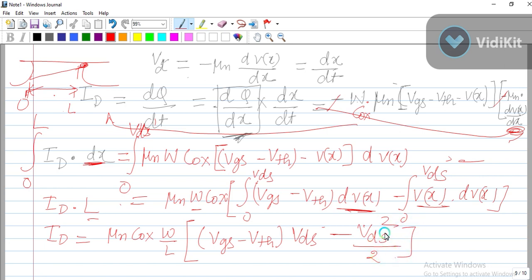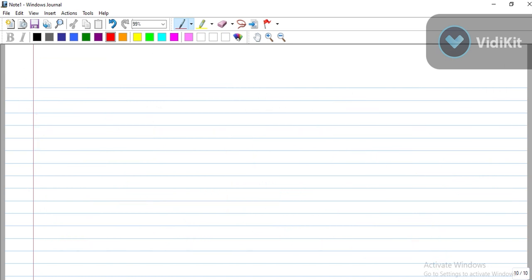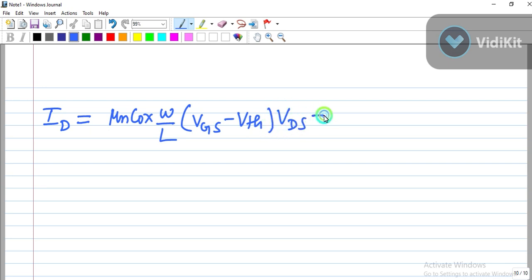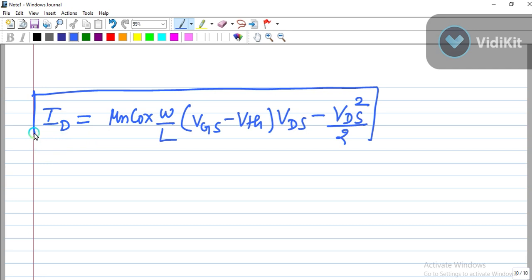So this is the equation of the drain current of MOSFET. I'm writing this equation again: ID equal to mu n Cox W by L, into VGS minus VTH times VDS minus VDS square divided by 2. This is the equation of drain current.